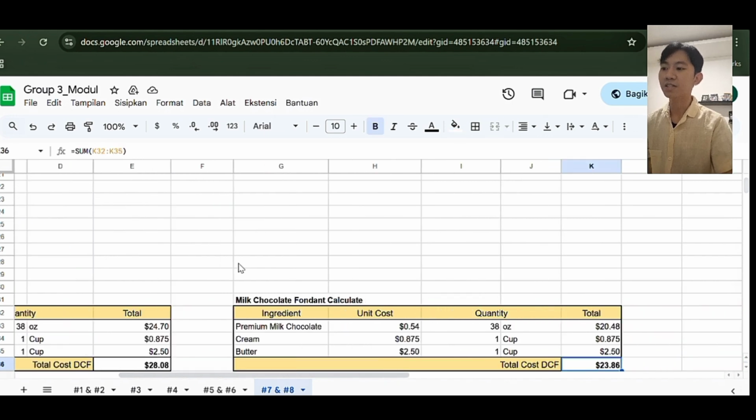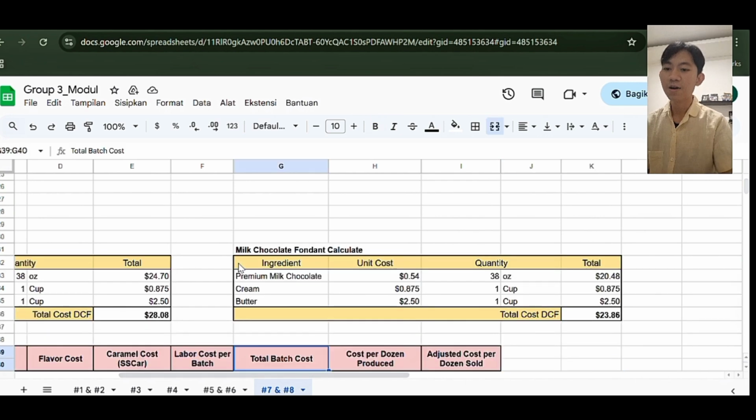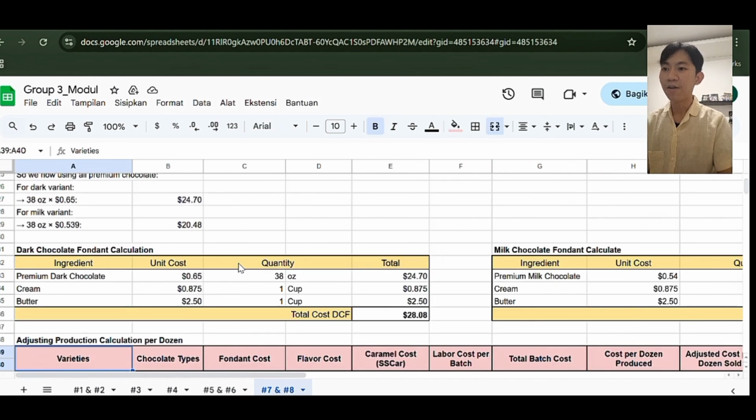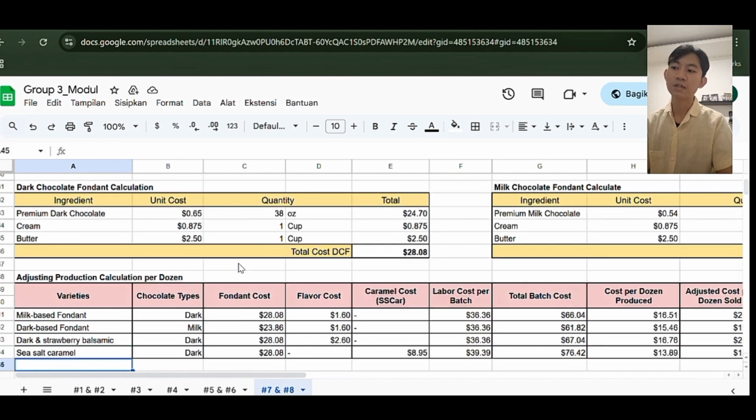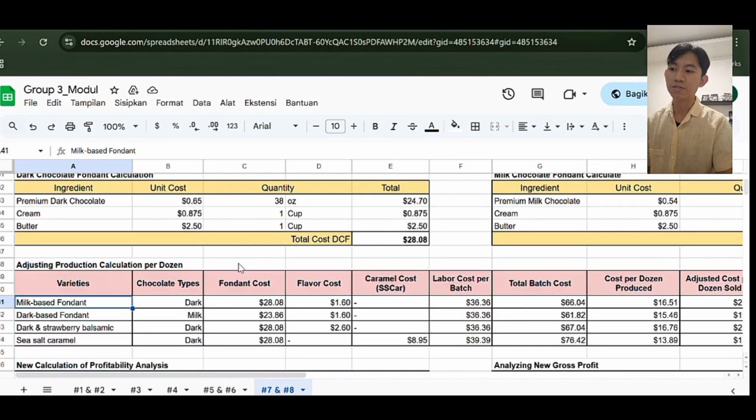Now we adjust the production calculation per batch for every variant of the truffle. For the milk-based fondant, the fondant uses dark chocolate, so it is 28.08, the flavor cost remains the same, and we adjust the labor cost, so we got 66.04 total batch cost.